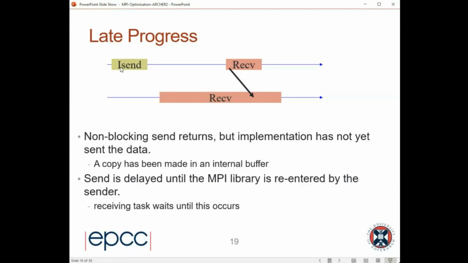It notices there's an outstanding send, and therefore it completes it. So the sender is delayed until MPI is re-entered by the sender, and in this case, the re-entry is actually a receive. A receive issued by this process triggers the sending of the message which was sent way back here. That can be quite hard to spot and can cause issues.